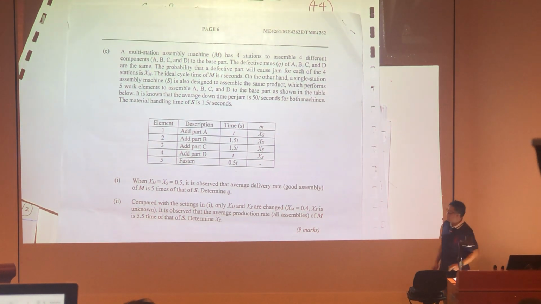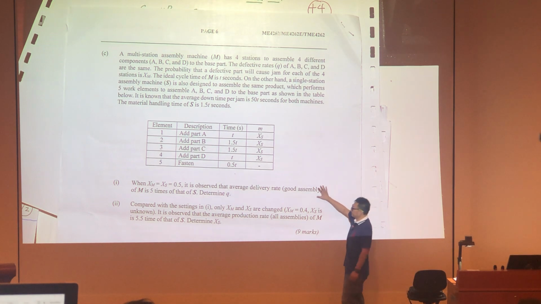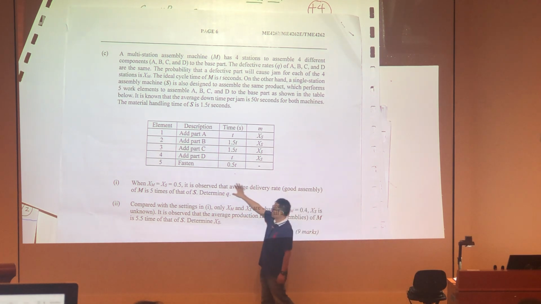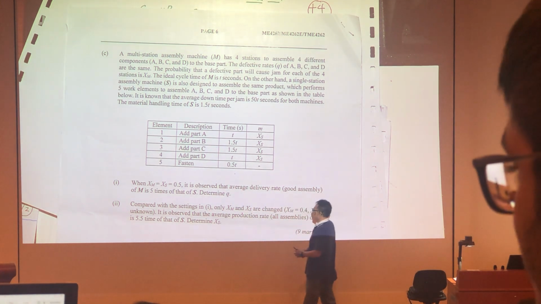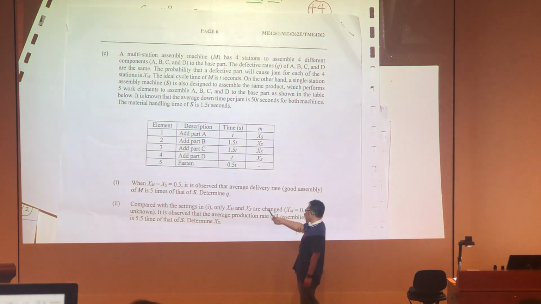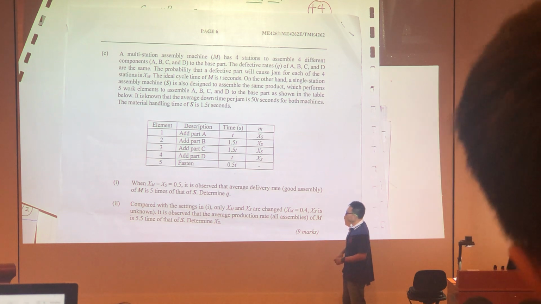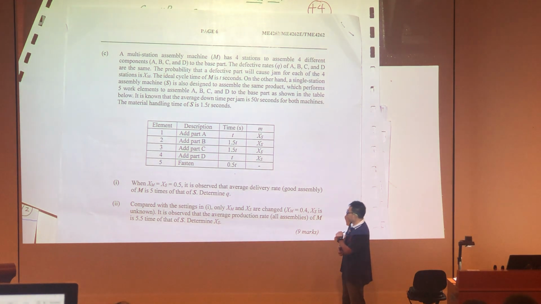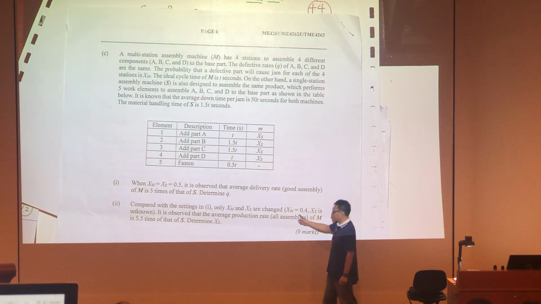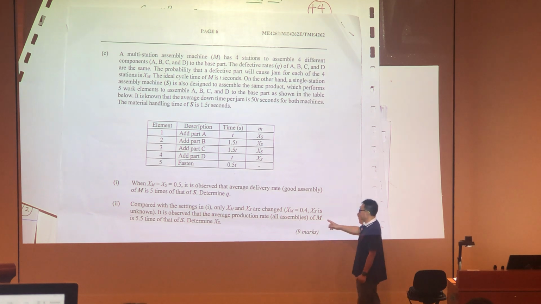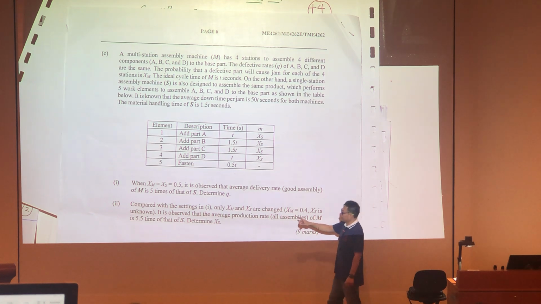Second part of the question, compare this setting with this setting. So the setting of this is changed. Only XM and XS are changed, and then XM equals 0.4, XS is unknown. It's observed that the average production rate, now referring to all assemblies, of M is 5.5 times S, determining XS.